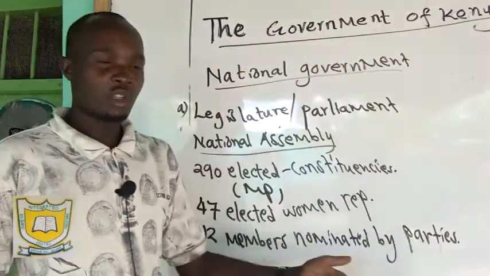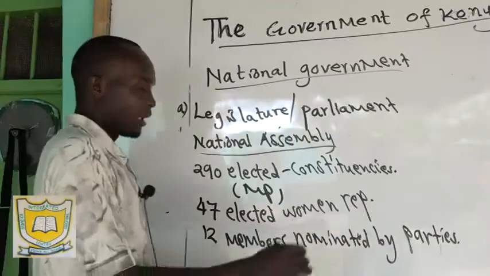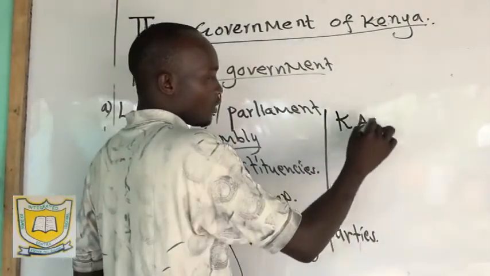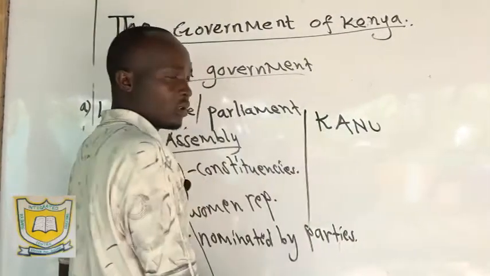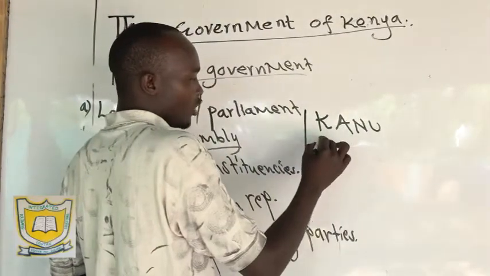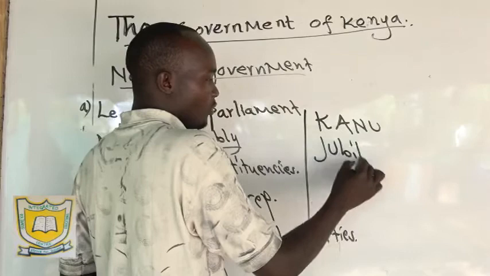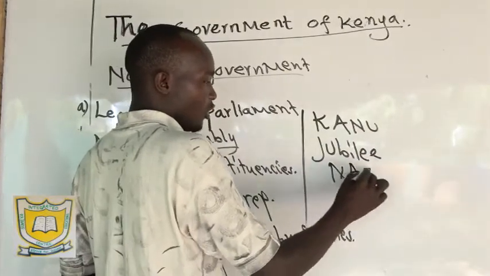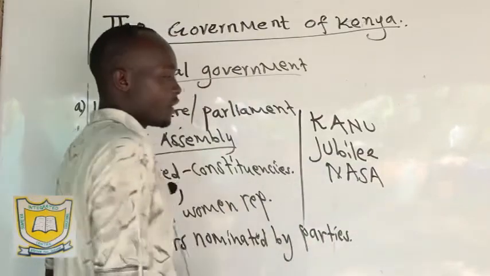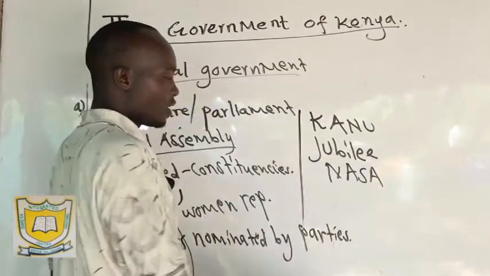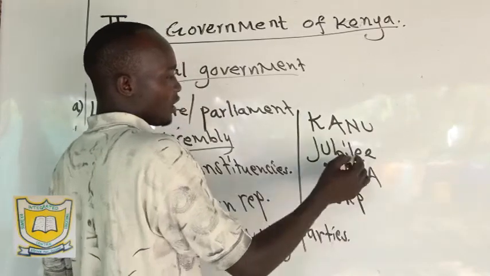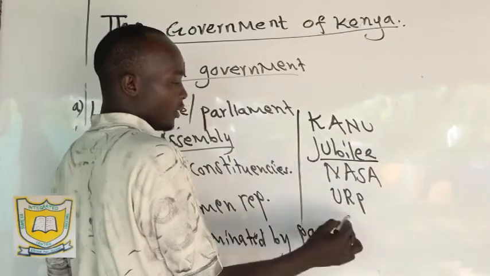And when we talk about political parties, we have some of the political parties like KANU in Kenya. We have Jubilee. Then we have also NASA. These ones are coalitions. They are made up of very many political parties. Then we have URP. I think URP is here in the Jubilee coalition. Then we have TNA.